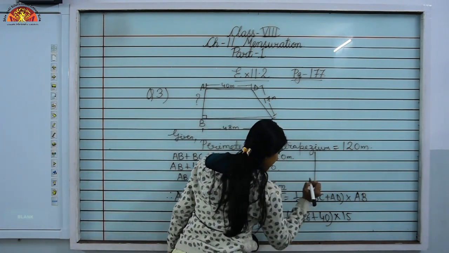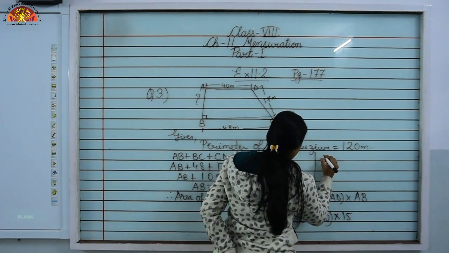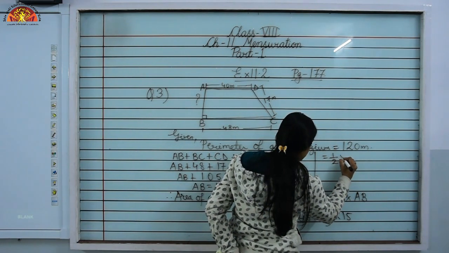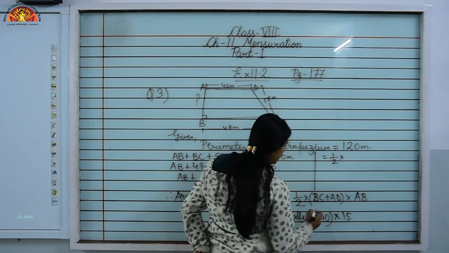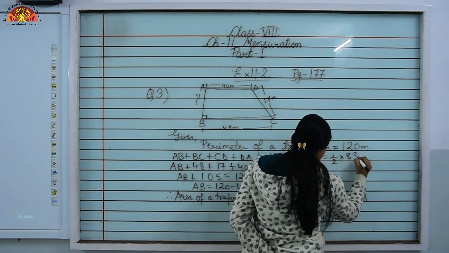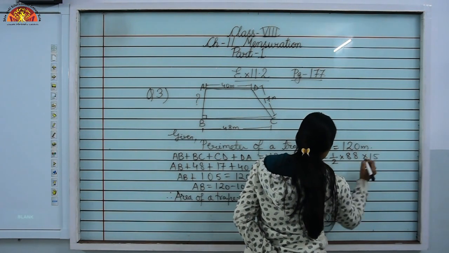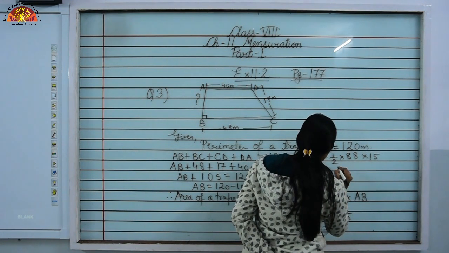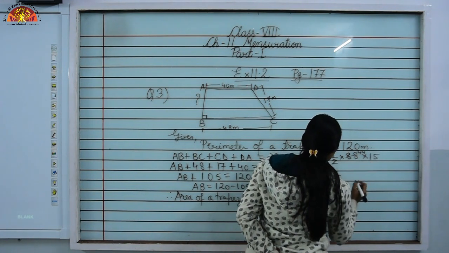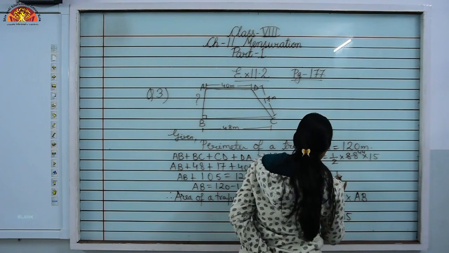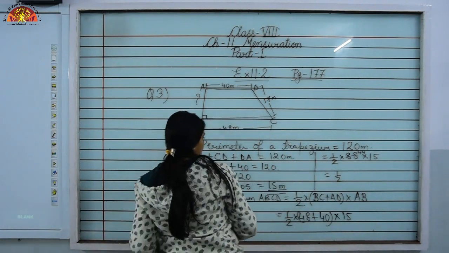So we can write, that is half into 48 plus 40, which is 88 into 15. That is half into 44, that is 44 into 15.